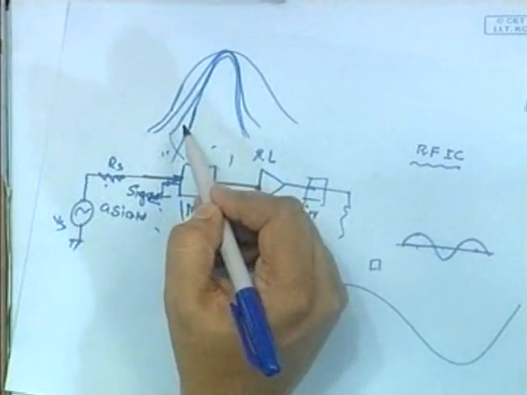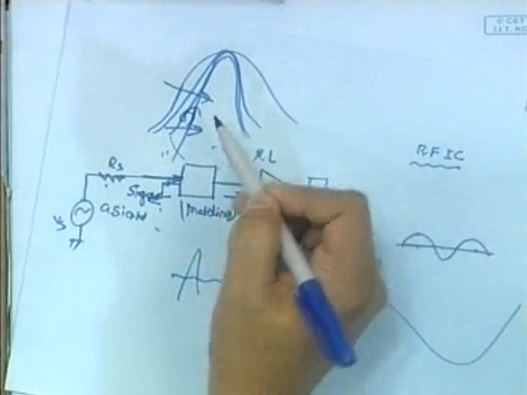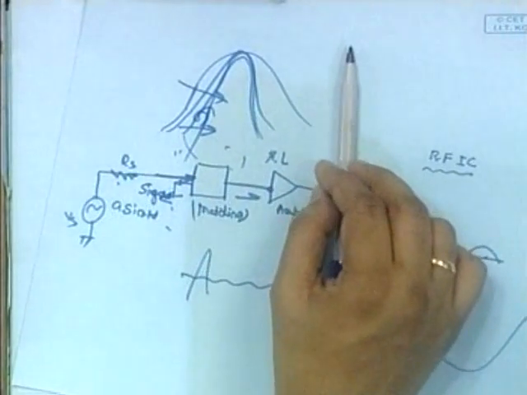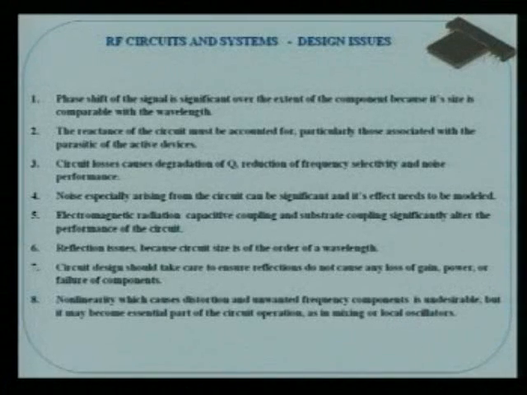So which Q is high? Q is increasing in this way. For sharp tuning, say the FM band, 107.3 and another one just close by 107, then you need a huge tuning circuit. The Q should be pretty high to select that signal and isolate it so that your FM signals would not interfere with each other. For example, reflection issues, I have also mentioned that reflection issues are quite important.